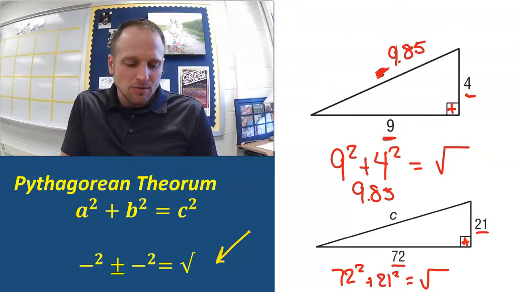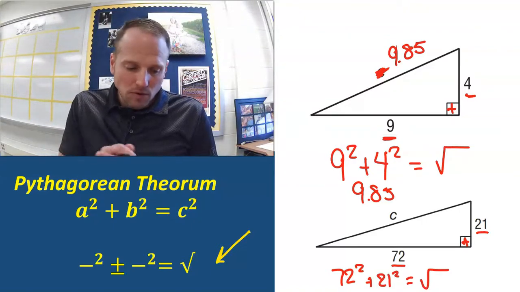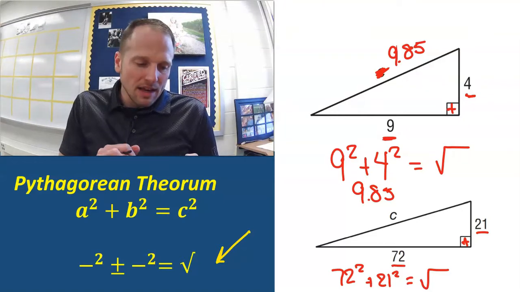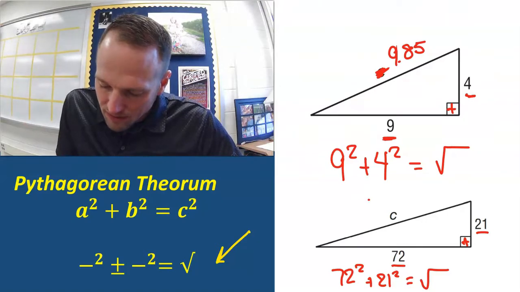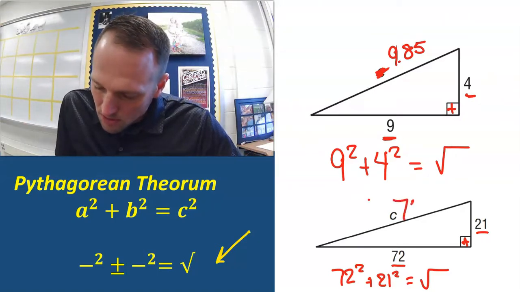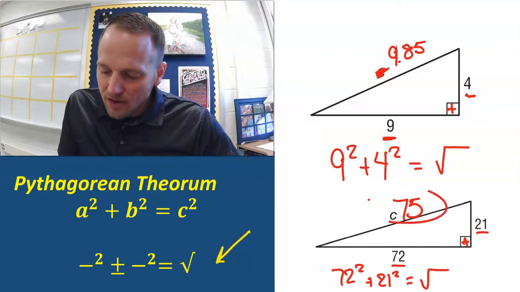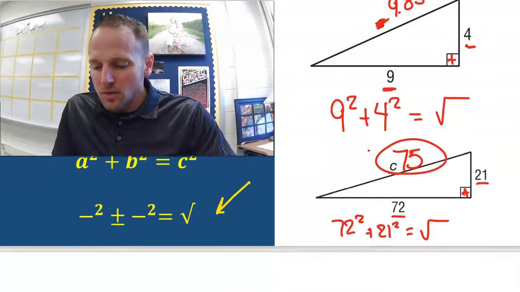And let's see what that comes out to be. 72 squared plus 21 squared equals, square root that, and let's see what we've got. This side is going to be 75. So this side up here is 75. Our answer is 75. Let's do another one.